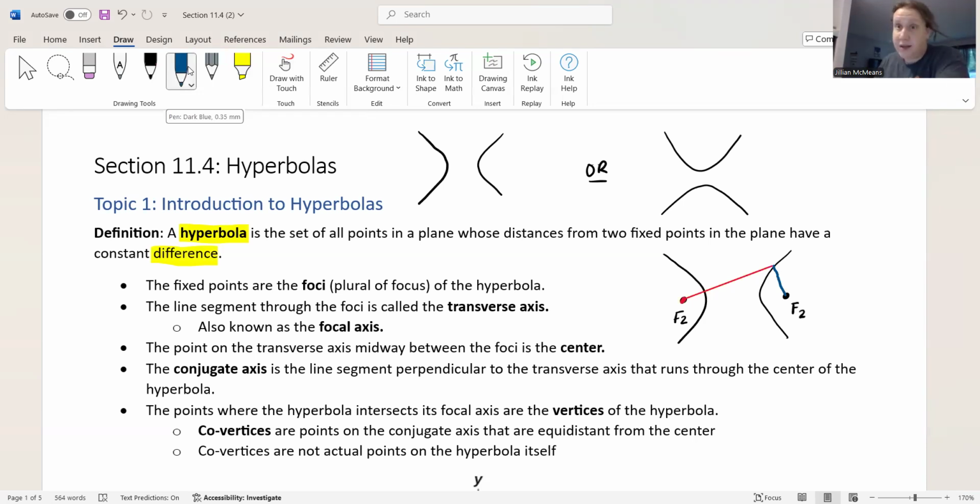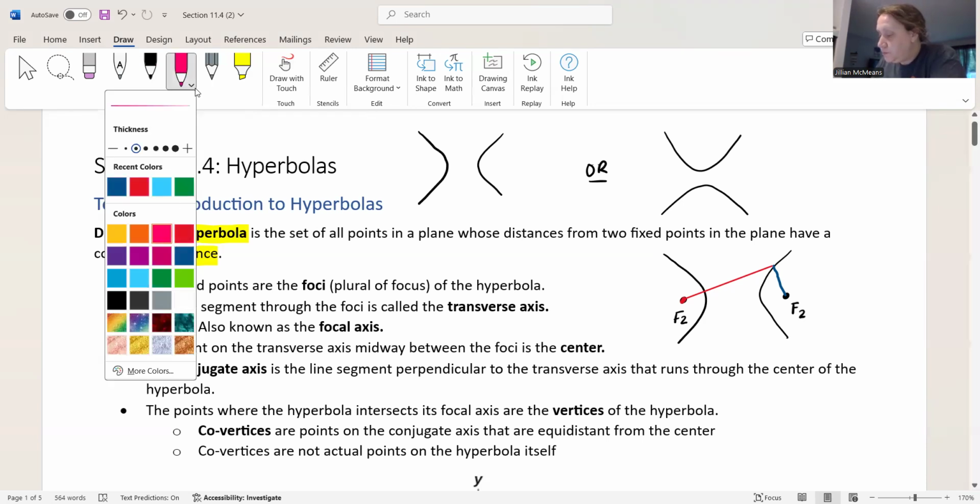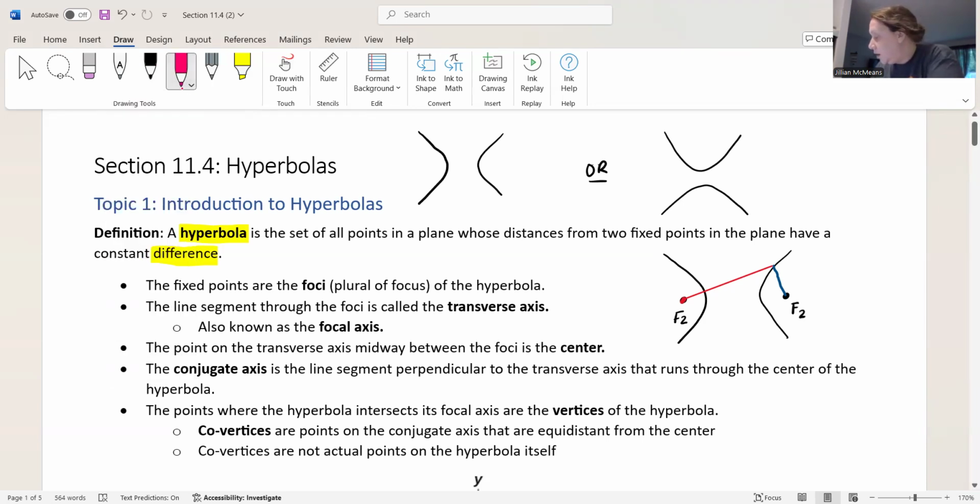So let's do two more. Let's do pink and then a light blue. So let's say we have a point here. Maybe not that point. Let's do a different one, a point here. So we're looking at the distance from the first focus point to that point on the plane.